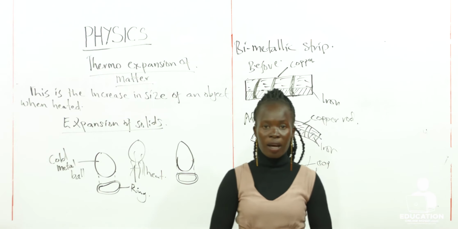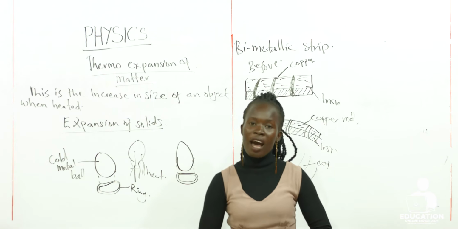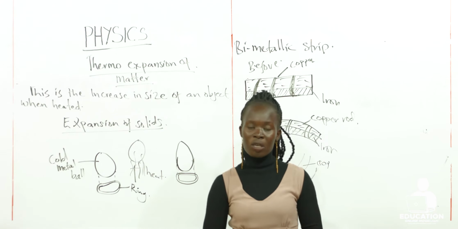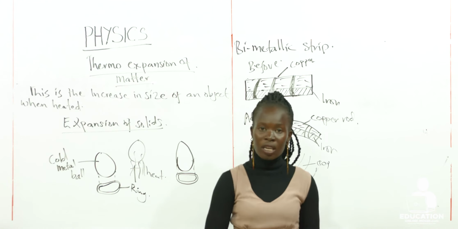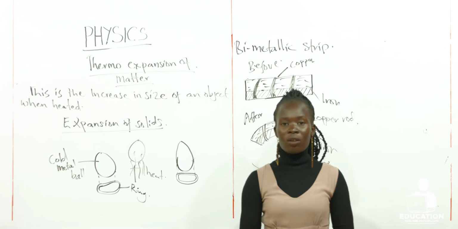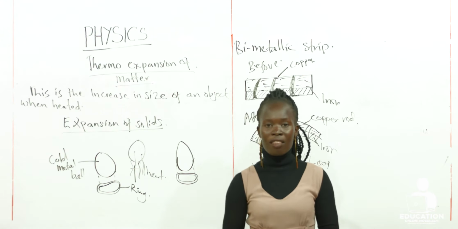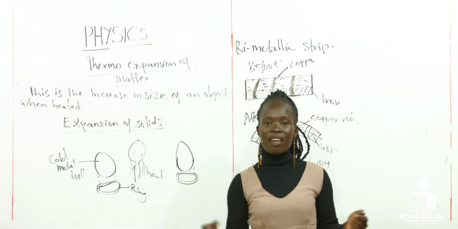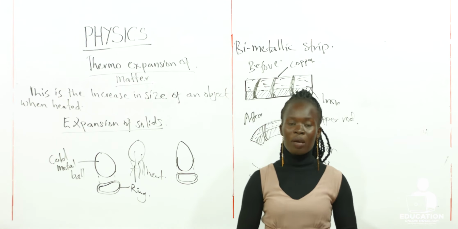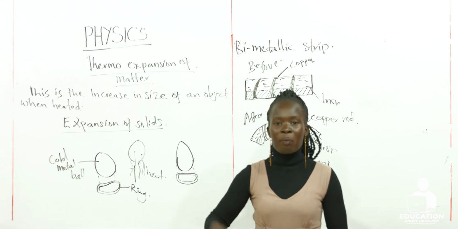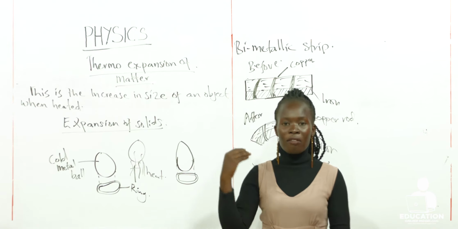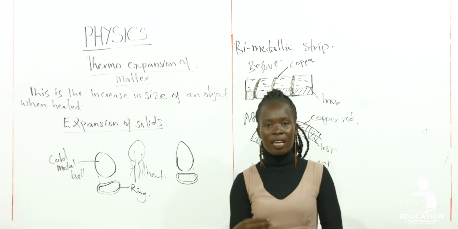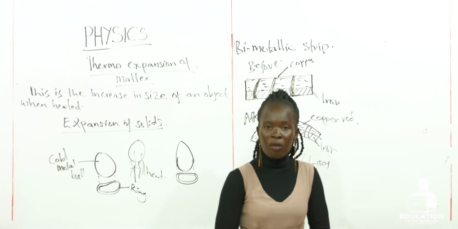We also looked at how to minimize the heat losses, where we said we can use the cork to minimize the heat loss by conduction and convection, and we can also use the vacuum. We create the vacuum to minimize the heat loss by conduction, and the heat loss by radiation is minimized by painting the flask with a silver paint, because we said it is a bad emitter of heat.